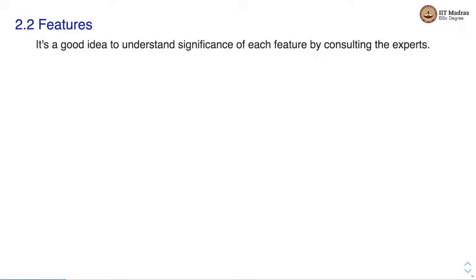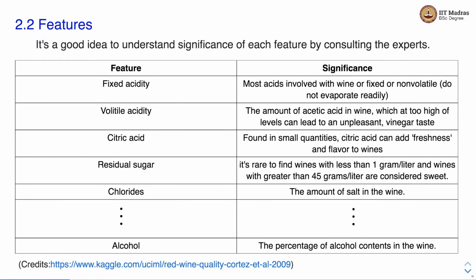Once we have the data, it's a good idea to understand the significance of each feature by consulting the experts. In this case, we have 11 features. The first feature is fixed acidity. The significance of this feature is that it captures most acids involved with the wine are fixed or non-volatile.